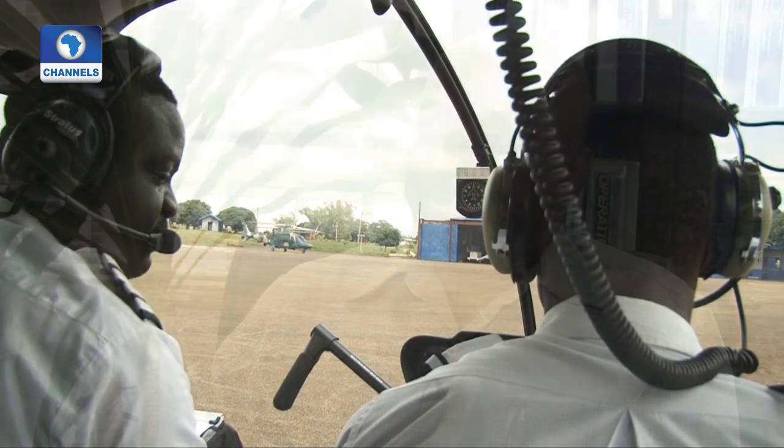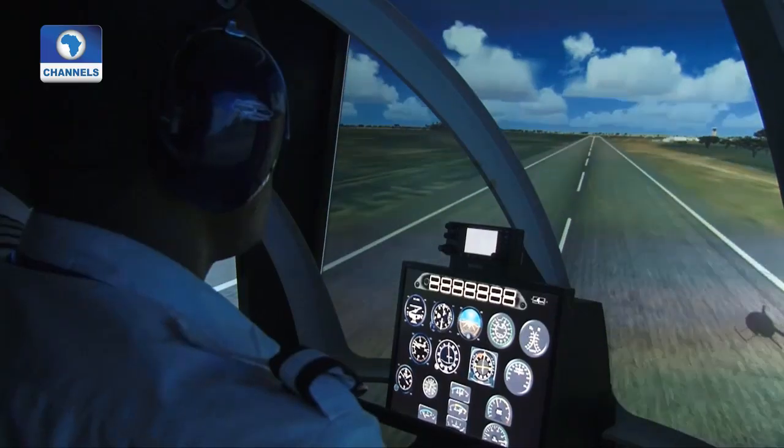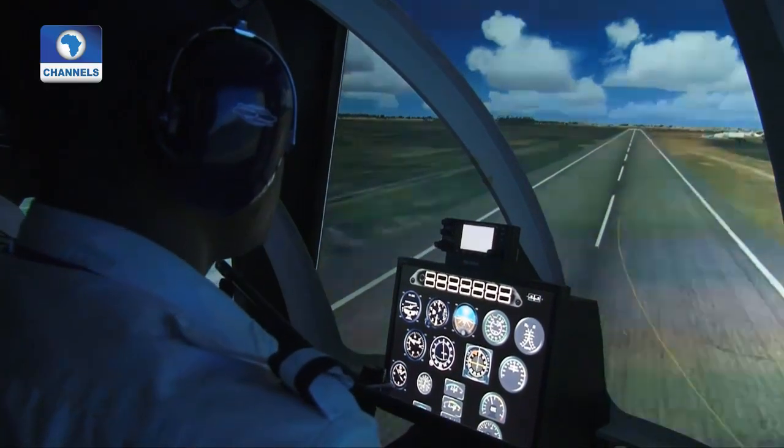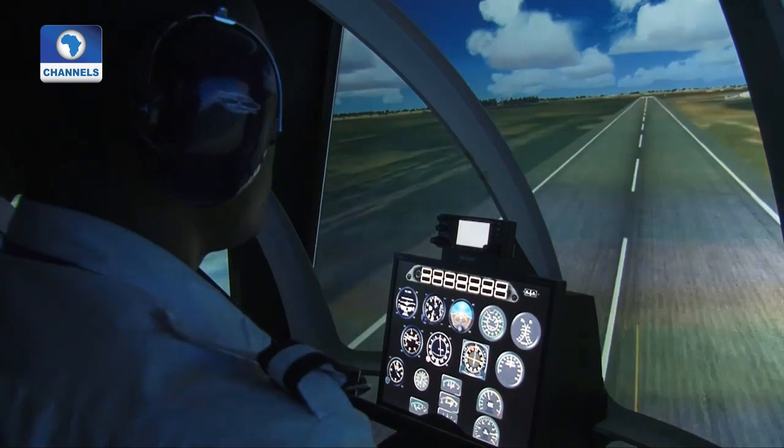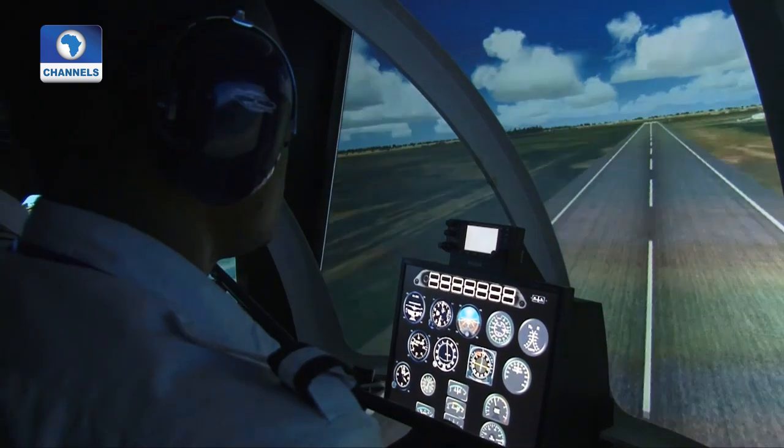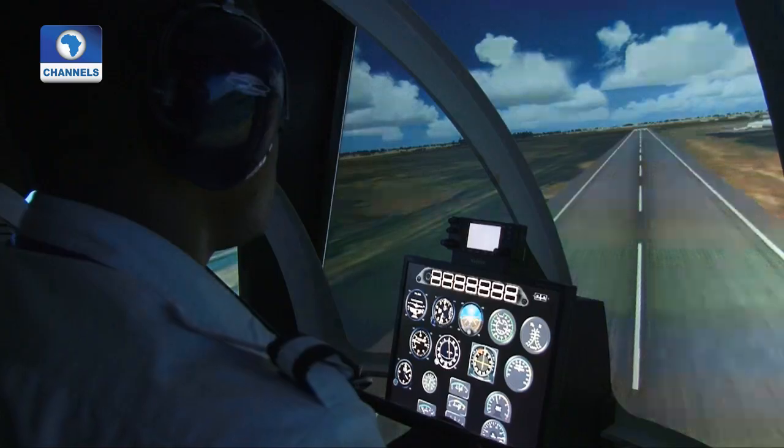Well, basically, to qualify to fly an aeroplane or helicopter, you have to do the normal training and acquire the skills for flying either the helicopter or the aeroplane. But basically, they are the same thing. You are flying aeroplanes.